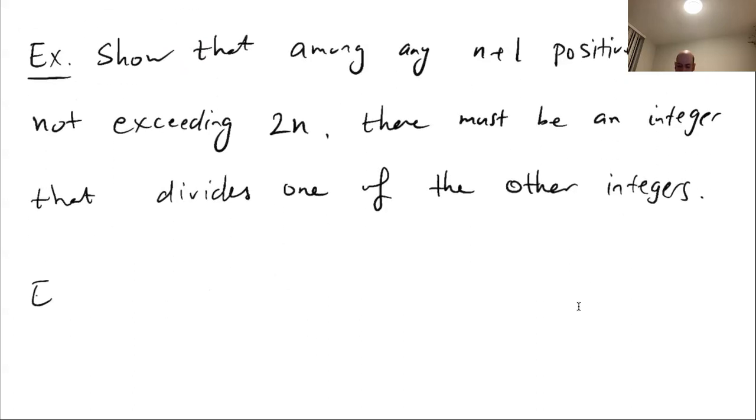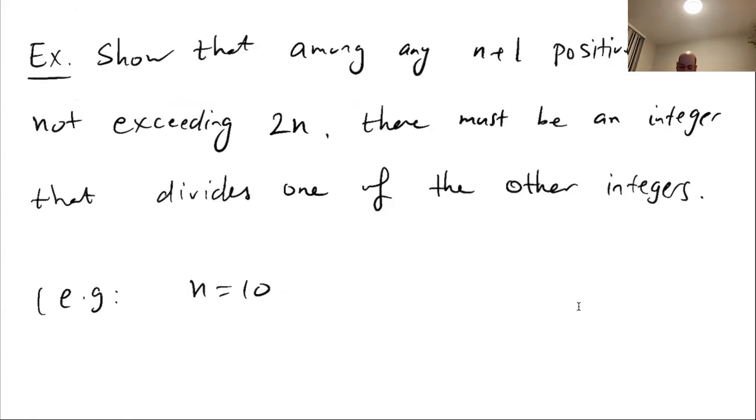So let's first look at an example of this case before proving it. Let's say, for example, if n equals 10, then if I have 11 integers not exceeding 20, then at least one of these 11 integers divides one other integer. So let's see.